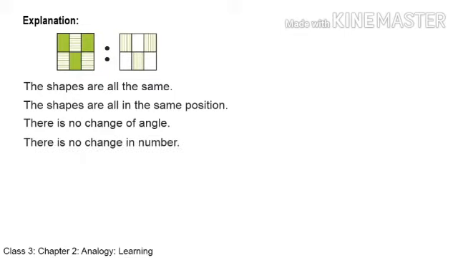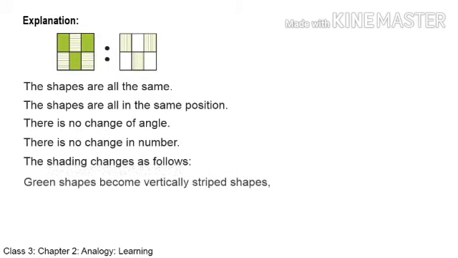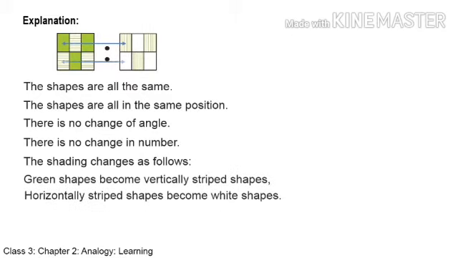No, there is no change in number. What about the shading? The shading changes as follows. Green shapes become vertically striped shapes. Horizontally striped shapes become white shapes. Any difference in size? No. There is no alteration in size.